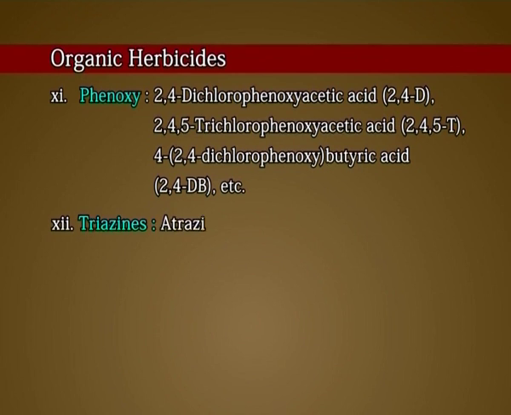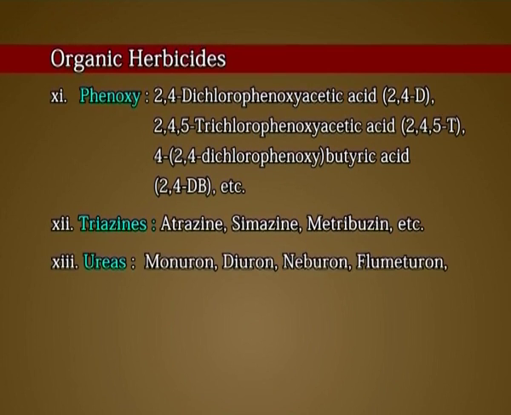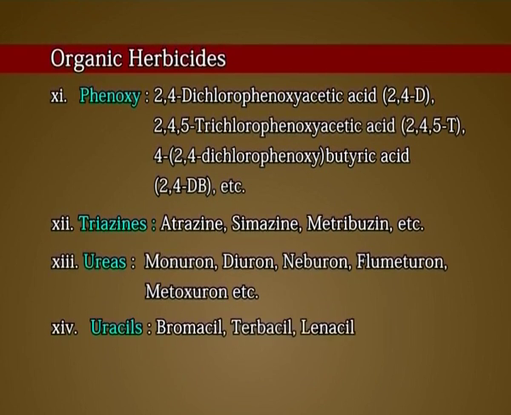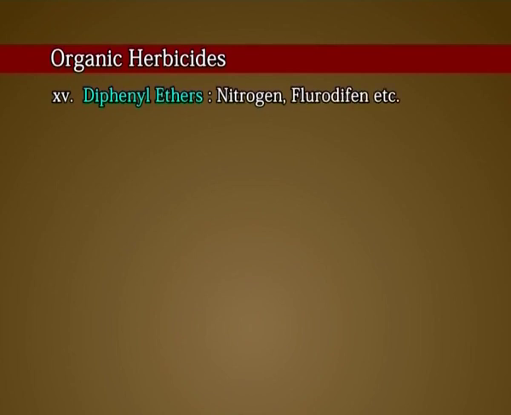Number 12, triazines. It includes atrazine, simazine, metribuzin, etc. Number 13, urea group. It includes monuron, diuron, neburon, fluometuron, metobromuron, etc. Number 14, uracil group. It includes bromacil, terbacil, lenacil, etc. Number 15, the diphenyl ethers.